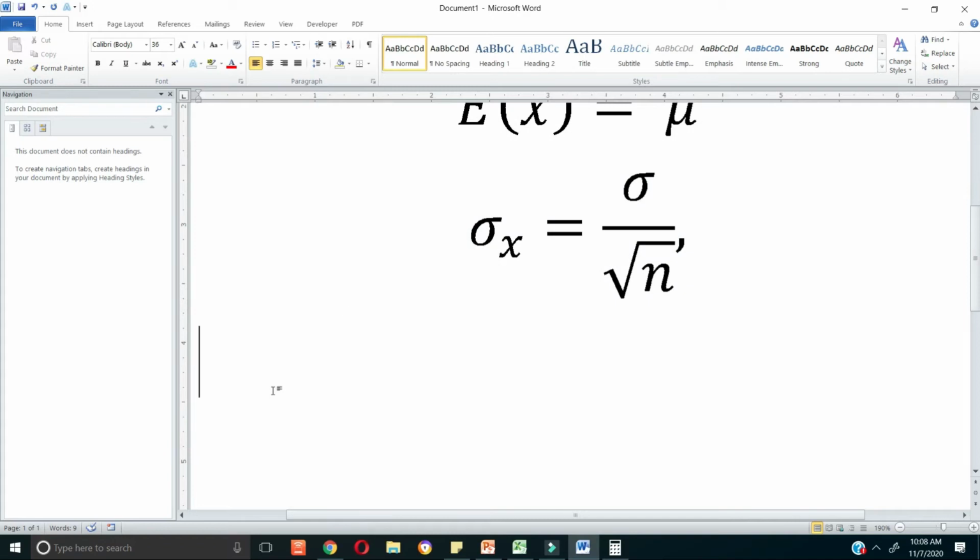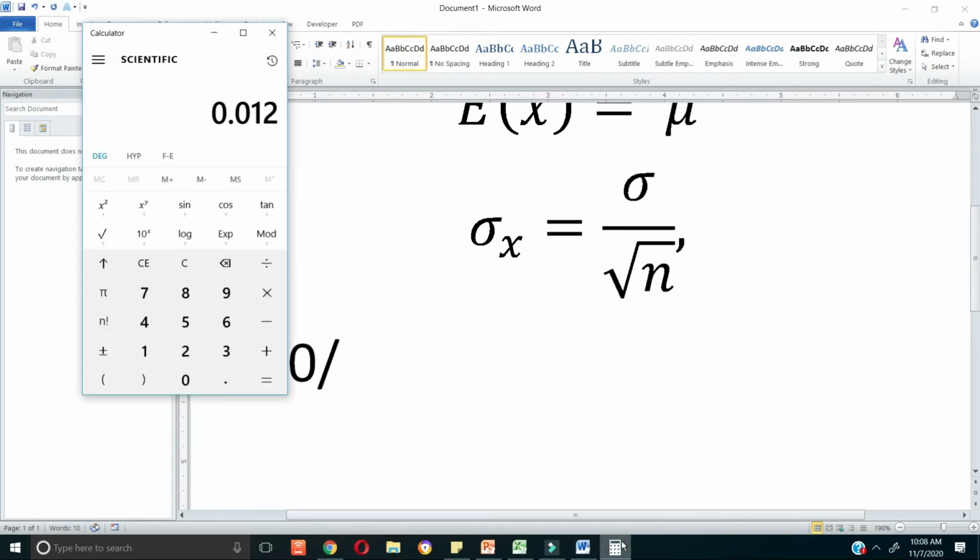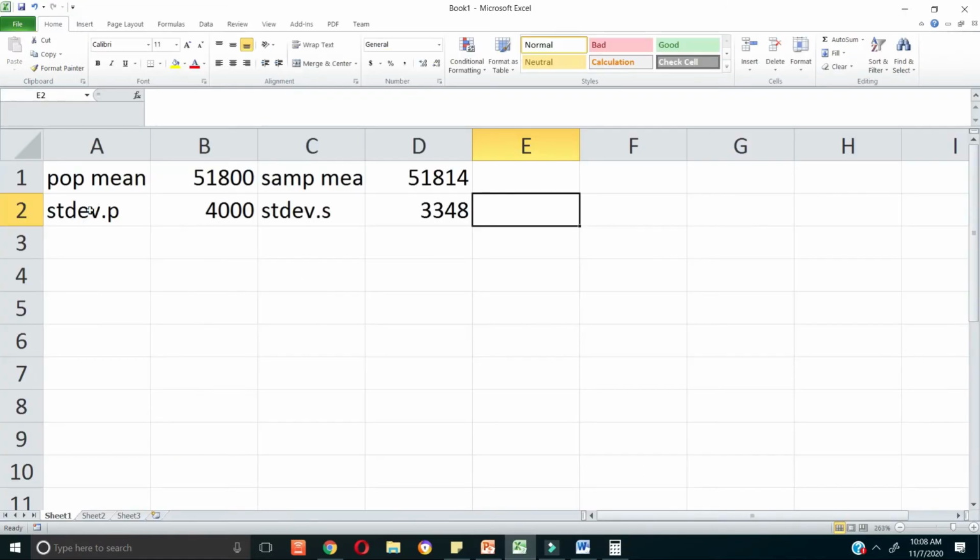So we already know sigma is 4,000, and we know that our n is 30. So if you do root n, what do we get? The root of 30, let me just do it over here.